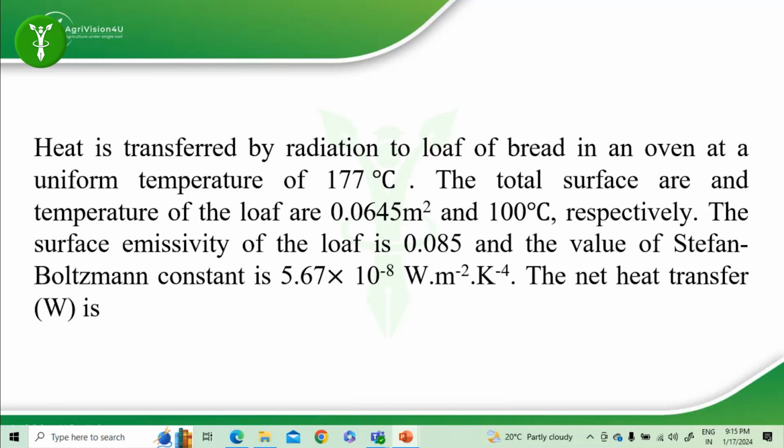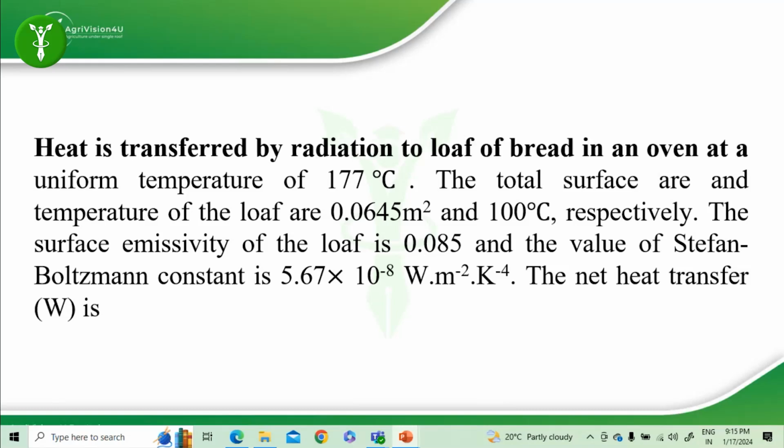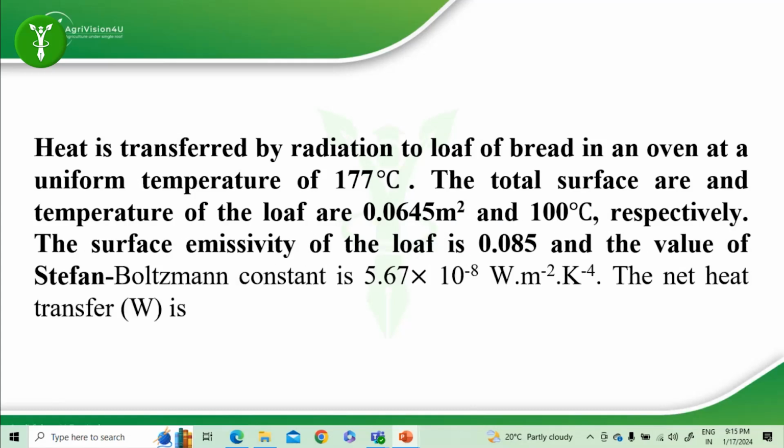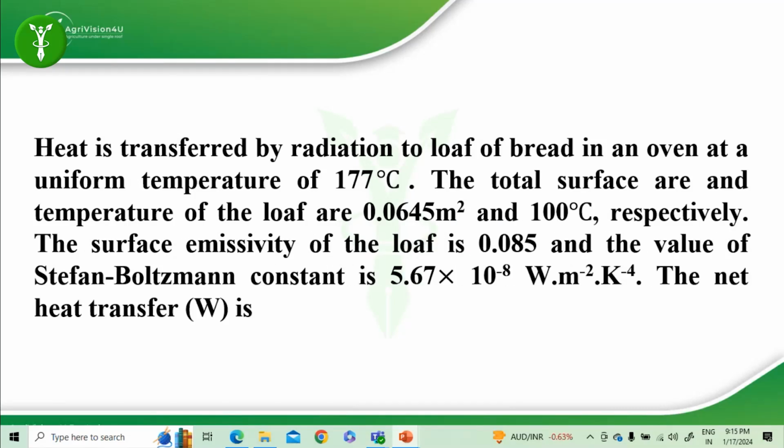Heat is transferred by radiation to a loaf of bread in an oven at a uniform temperature of 177 degrees Celsius. The total surface area and temperature of the loaf are 0.0645 meters square and 100 degrees Celsius respectively.